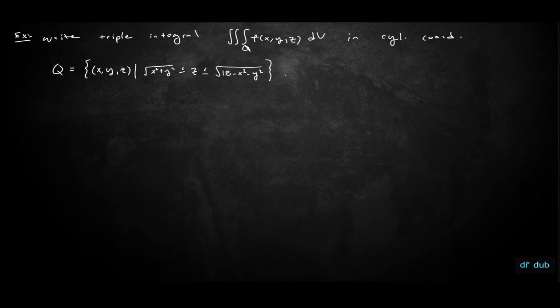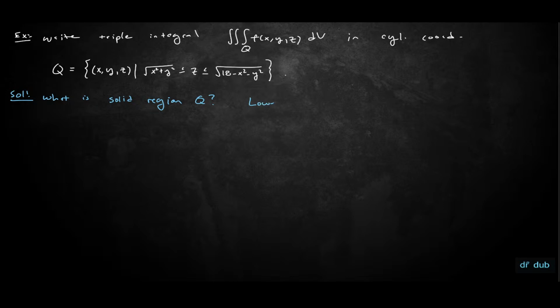So that's our solid Q. The hardest part is going to be figuring out what is represented by this region Q, this set of triples. So what is the solid region Q?